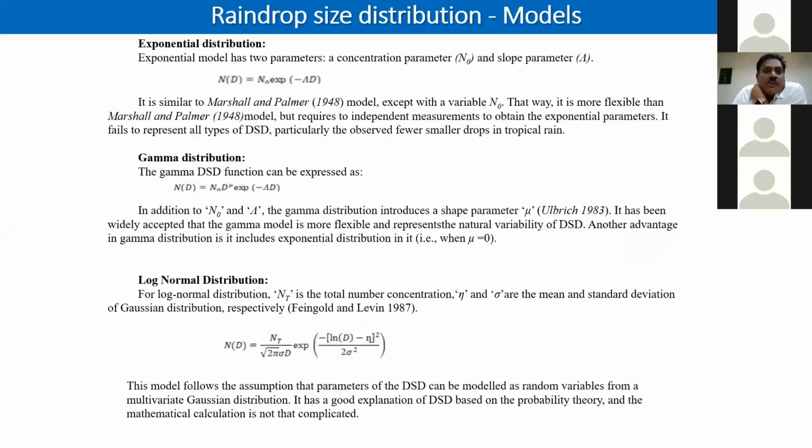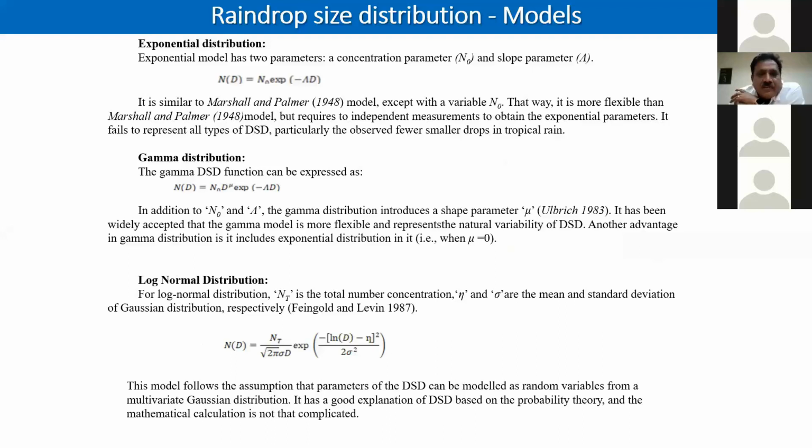So that is one important advantage of the polarimetric radar. The other one is that you can get the raindrop size distribution. For example, there are several models to describe the raindrop size distribution.